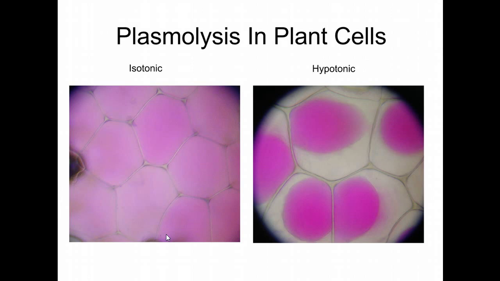In a hypotonic solution, the water potential is lower inside, and so the protoplast is no longer pressed against the cell wall, okay? And this color, by the way, is actually in the vacuole. Almost all colors that are not associated with photosynthesis are found in the vacuole, okay? Does that make sense? So it's isotonic or hypotonic.